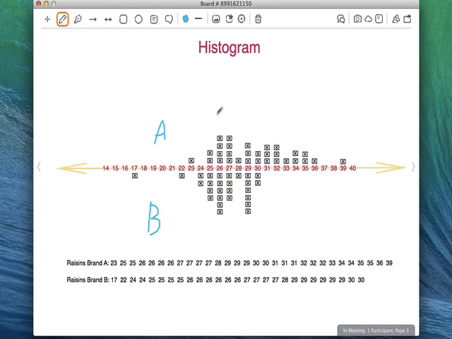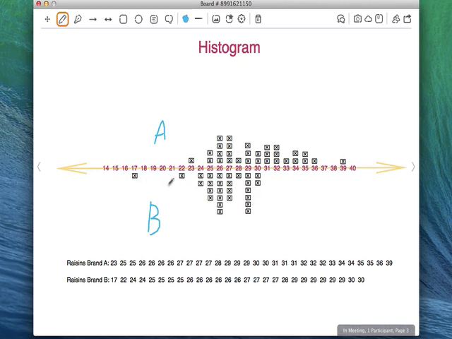For example, when you compare these two histograms, you can see that brand A seems to be spread out more. So there seems to be a wider range, maybe not from top to bottom, but a wider range of number of raisins in each box. Brand B seems to be clumped together a little more.